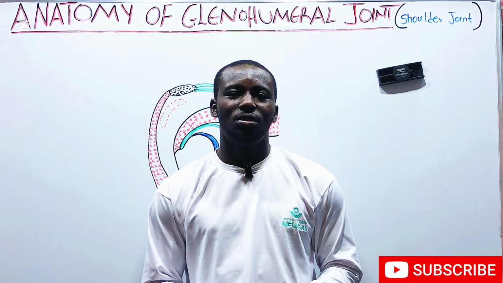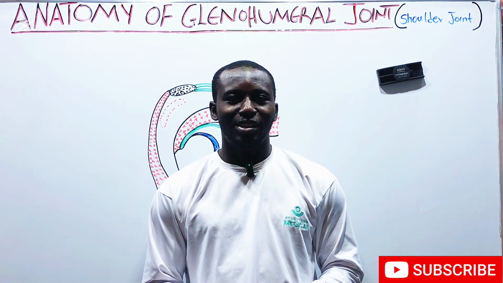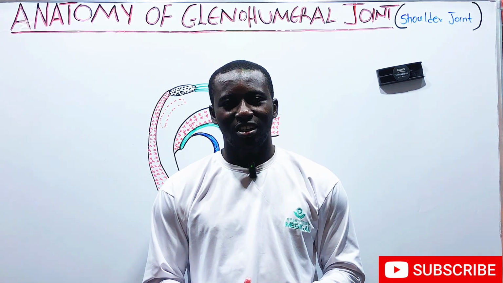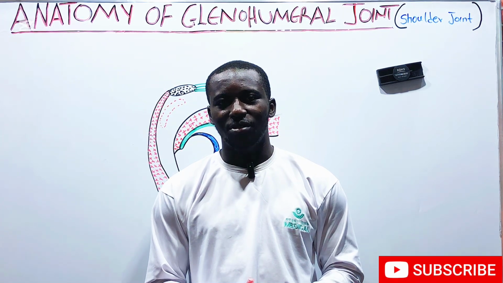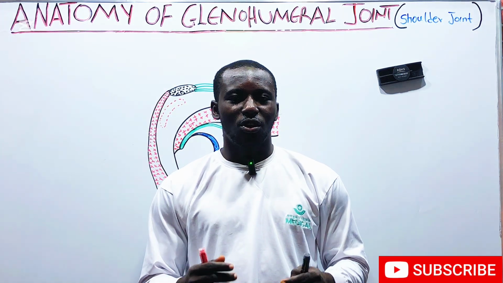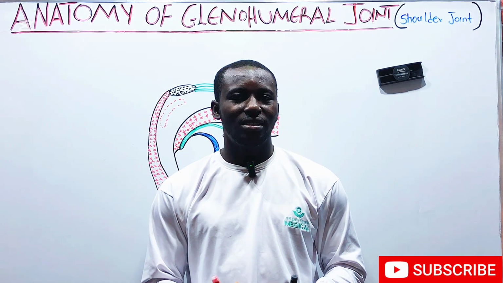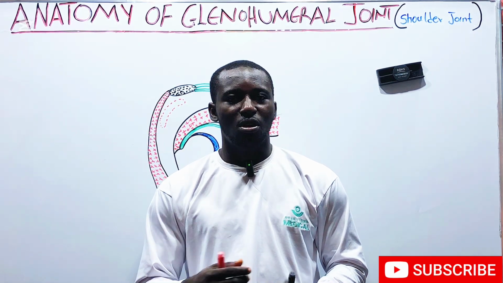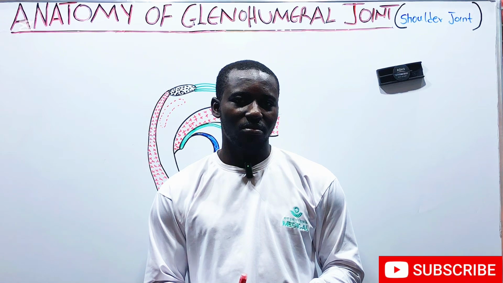On today's video, I'll be treating the anatomy of the shoulder joint, that is the glenohumeral joint. It is a vital joint in the upper limb. Because of the wide range of movement of this joint, it is known as the most mobile joint in the human body.